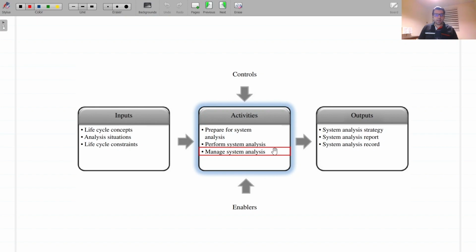Manage system analysis. Baseline the analysis results or reports using the configuration management process. Maintain an engineering history of the system evolution from stakeholder needs definition to ultimate system retirement so that the project team can conduct bidirectional searches at any time during or after the system lifecycle.